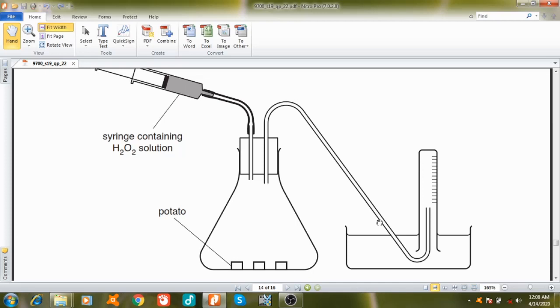The level of the water will go down when this cylinder starts to fill with oxygen gas. So the level of water which becomes lower can be measured, and the volume of the oxygen collected inside the cylinder in cubic centimeters can be measured using these apparatus.